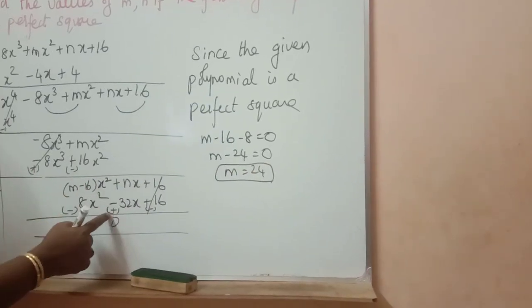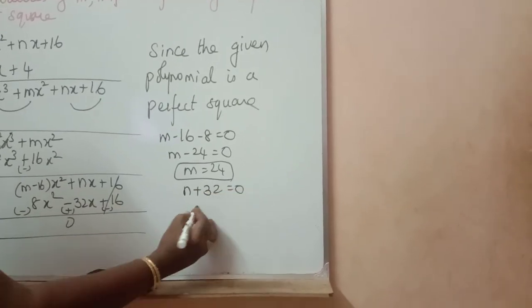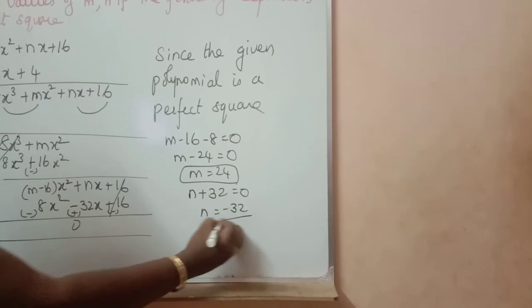Here n plus 32 is equal to 0. So n is equal to minus 32.